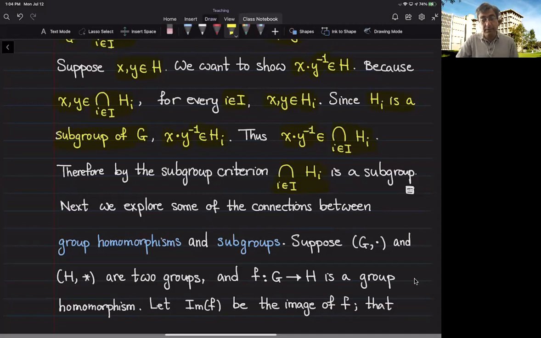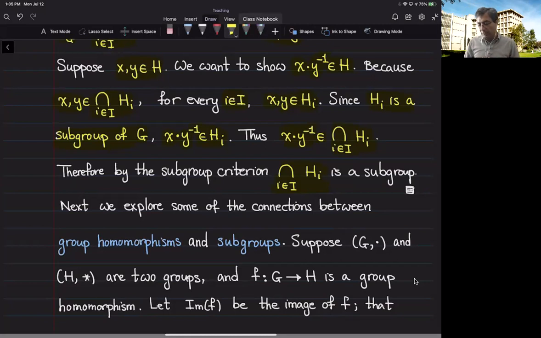If you remember, in linear algebra, we've seen that if I give you a linear transformation, its kernel is a subspace and its image is also a subspace. We show the same type of properties for group homomorphisms.